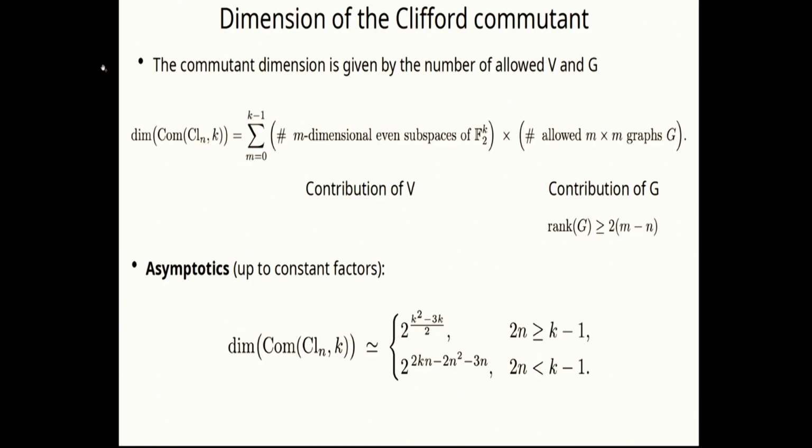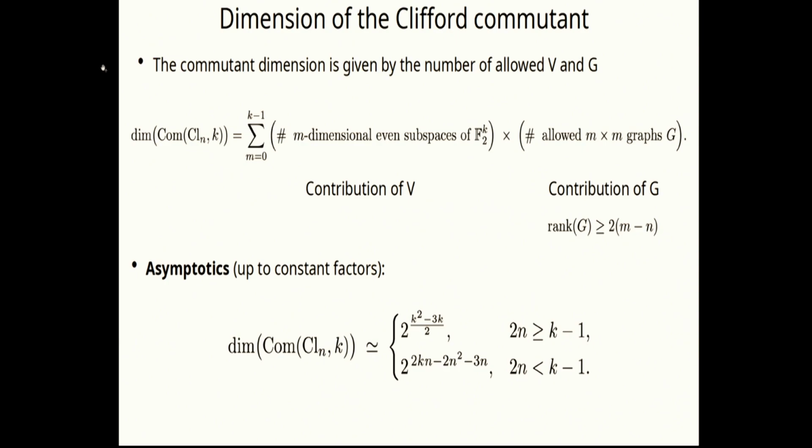Now, if we plug all of this in, all those functions have essentially been computed already, we can exactly compute the dimension for every n and k. And in general, if 2n is bigger than k, then we have a constant size of the commutant and everything is linearly independent.